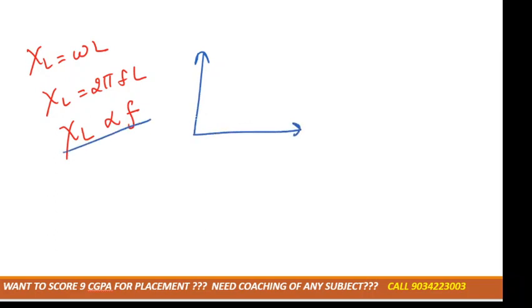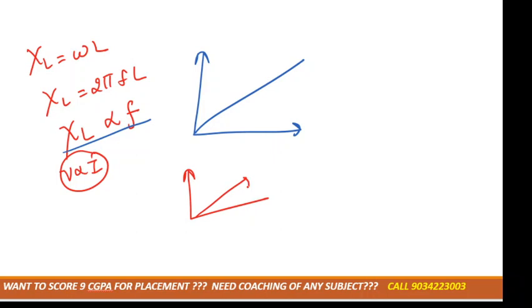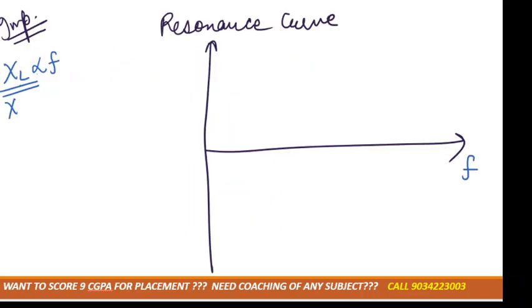For directly proportional there is a straight line graph. Remember, you have studied that V is directly proportional to I, and that Ohm's law graph is a straight line. Similar to that, we draw XL on the y-axis as a straight line, because whenever the frequency is increasing, XL is also increasing side by side in the same proportion.